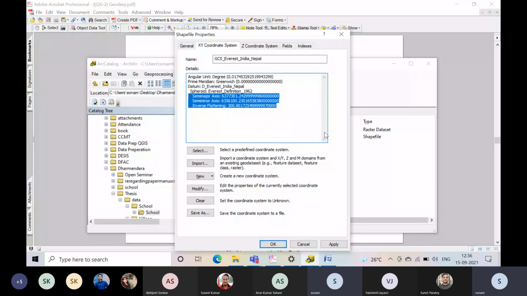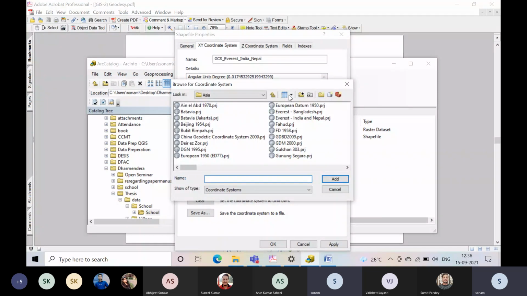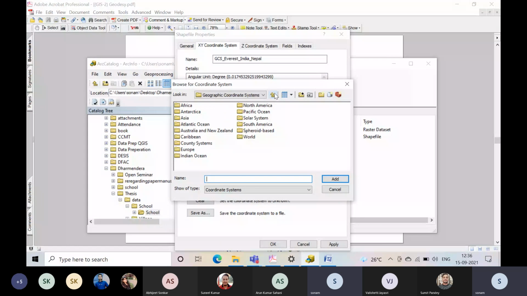And there is no single datum, there are so many datums. Okay. Now if I open this, just wait for a minute, it will appear on the screen. I have opened the geographic coordinate system, and inside this you can find there are so many coordinate systems inside different continents: Africa, Antarctica, Asia, Atlantic Ocean, Australia and New Zealand, Caribbean, County System, Europe, Indian Ocean, North America, Pacific Ocean, Solar System, South America, spheroidal based world.